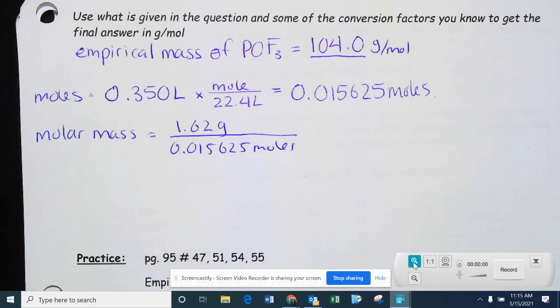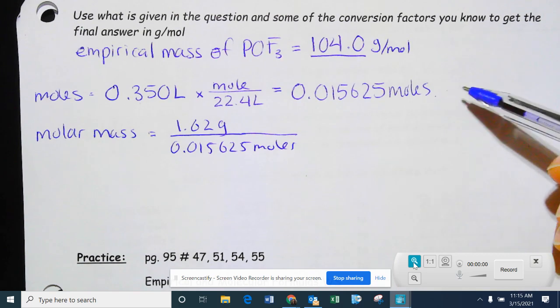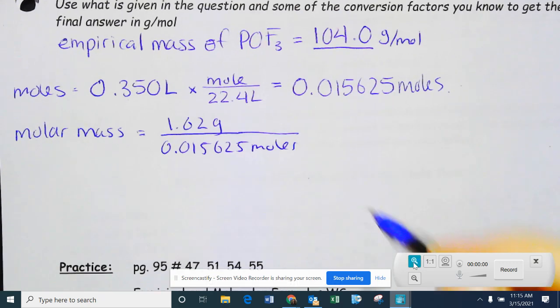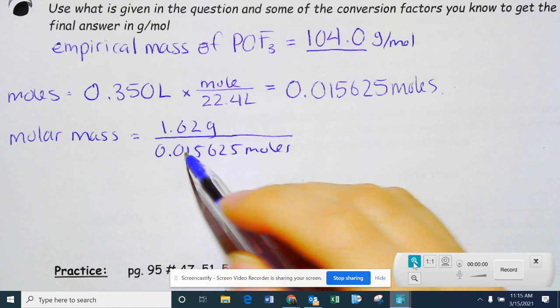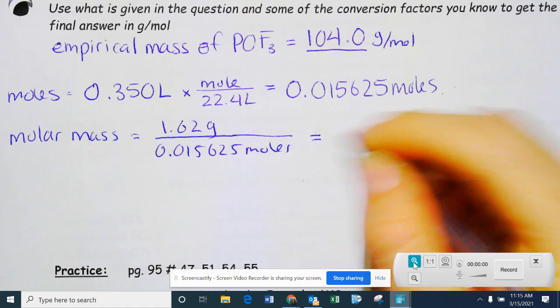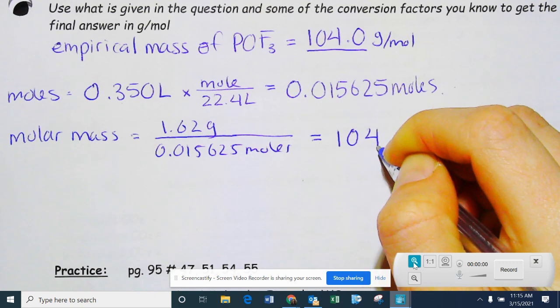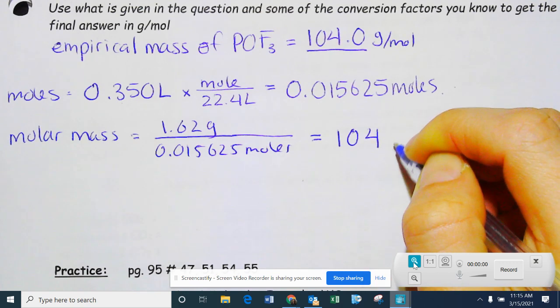It's usually like second function answer or something. It can be really useful when you're trying to keep as many digits as you can. So my molar mass is going to be that divided by this, which hopefully gives me 104 grams per mole.